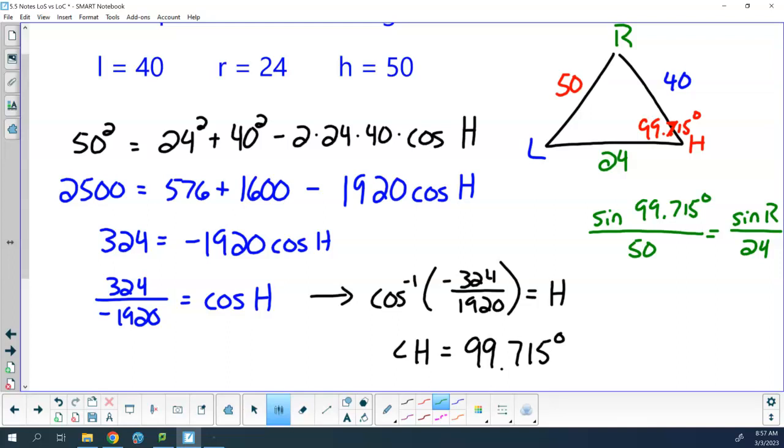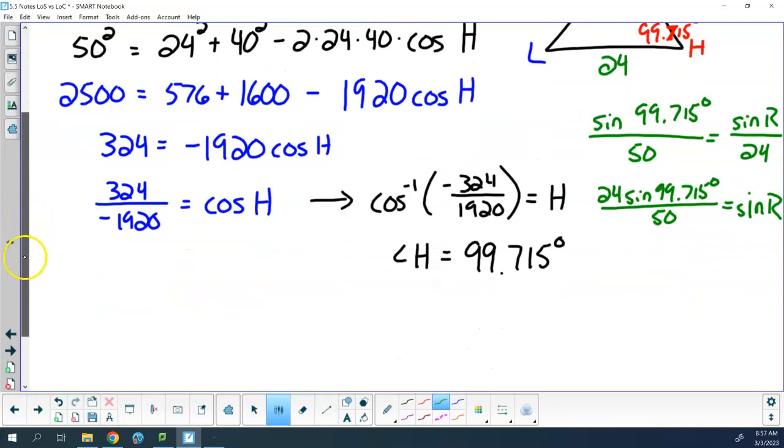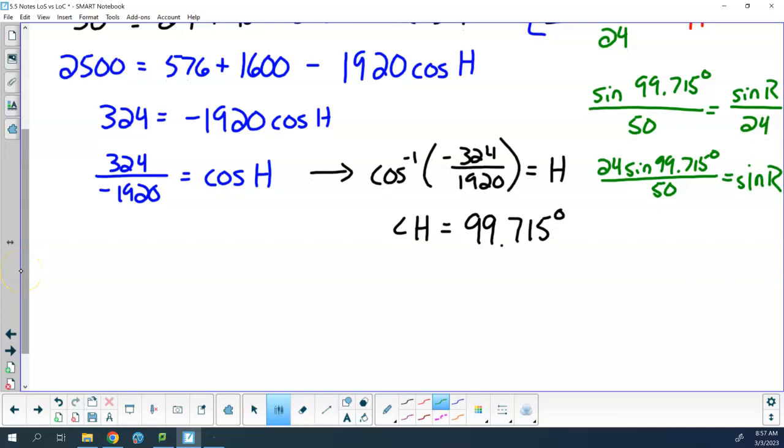Which means that 24 times the sine of 99.715 all over 50 is sine of R. Which means that R is the inverse sine of that.